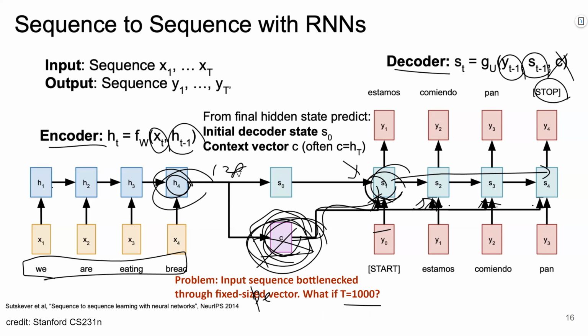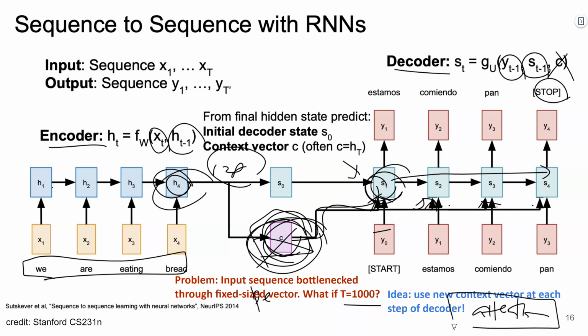In that case, it might not be able to memorize or summarize all the information in the input sequence into this small hidden vector. And that is a problem. And how can we resolve this problem? We can use a new context vector at each step of the decoder. And this is called attention. And we're going to talk about this attention later in this session.